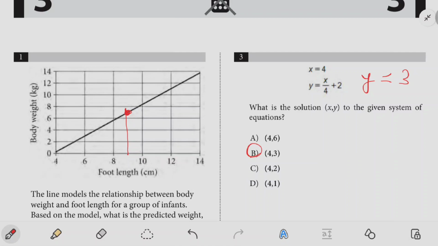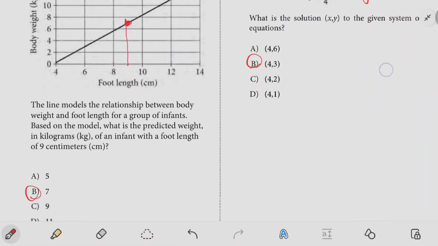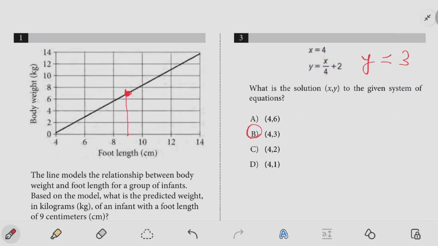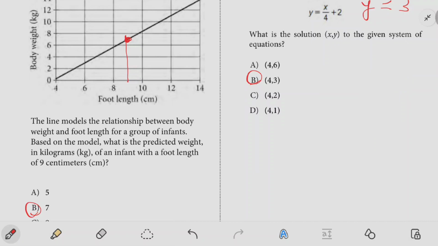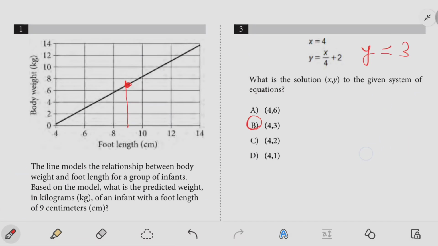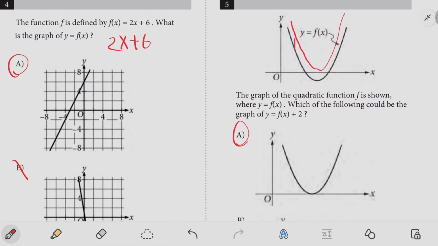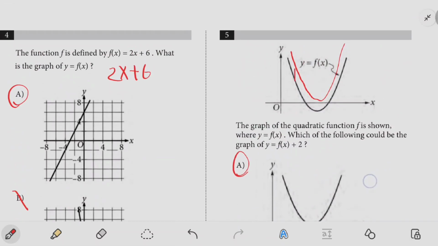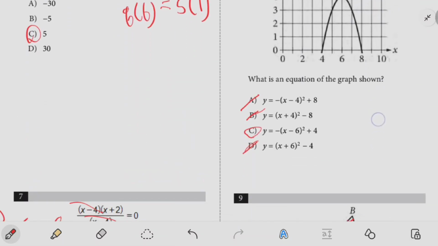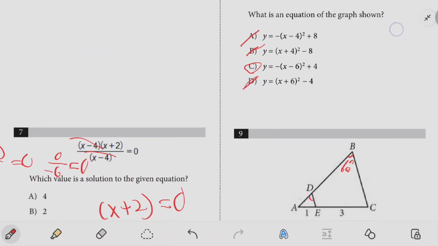Alright, let's check our answers. Oh, okay. For a second, I already thought I got something wrong. B, D, B. Okay. Oh, we got that one wrong.